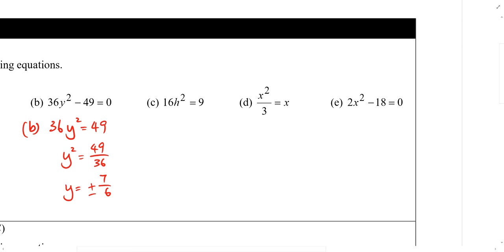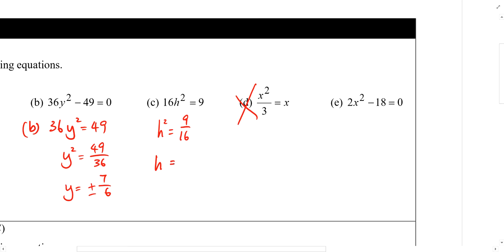What should I do for my first step? John. What? Part C, first step. I can't hear you. What did you say? Oh, divide by 16 on both sides. Okay. Sounds correct. h squared equals 9 over 16.